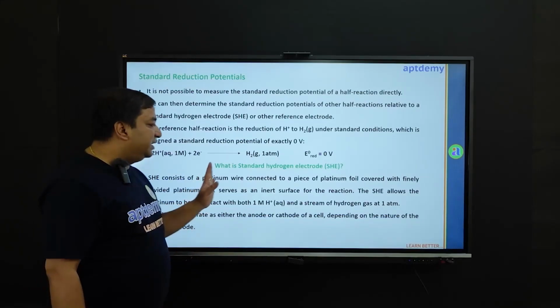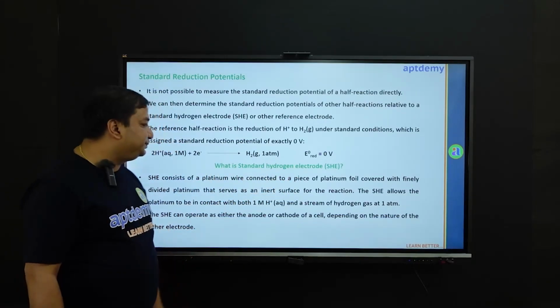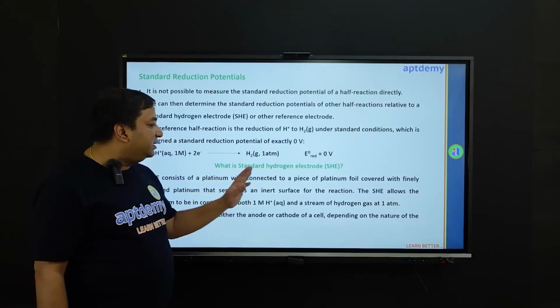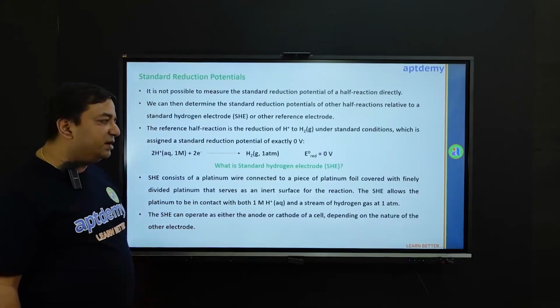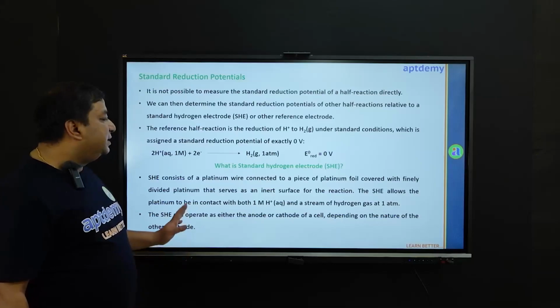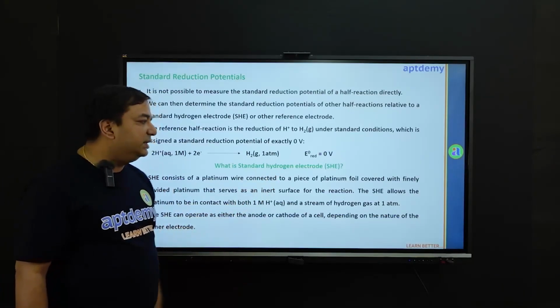So again, a few points on the standard hydrogen electrode now. SHE consists of a platinum wire connected to a piece of platinum foil covered with finely divided platinum that serves as an inert surface for the reaction to occur.